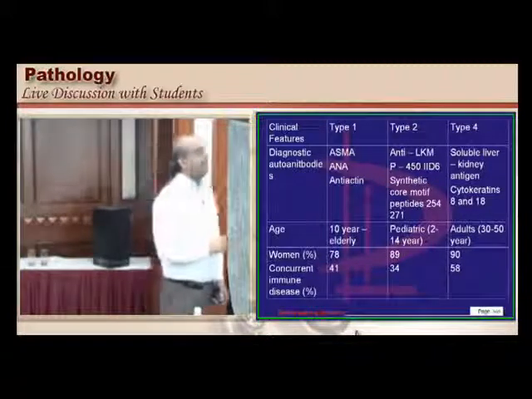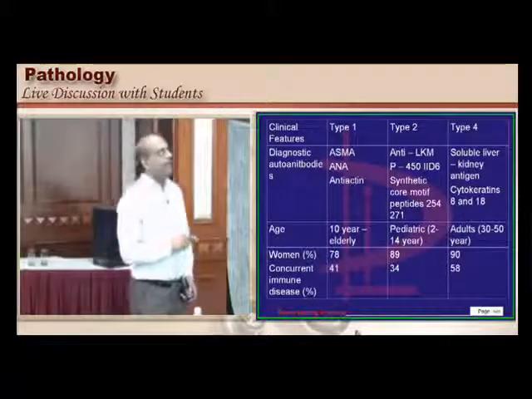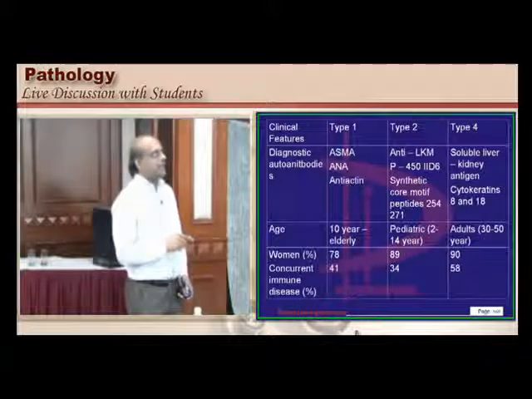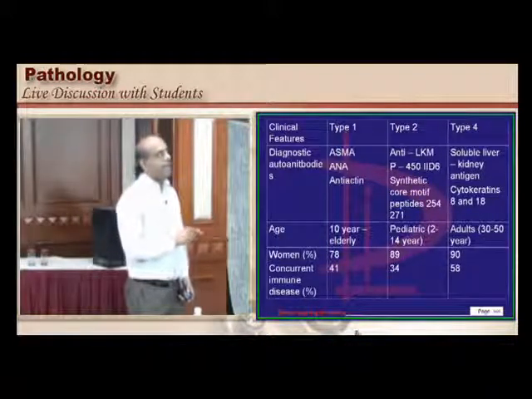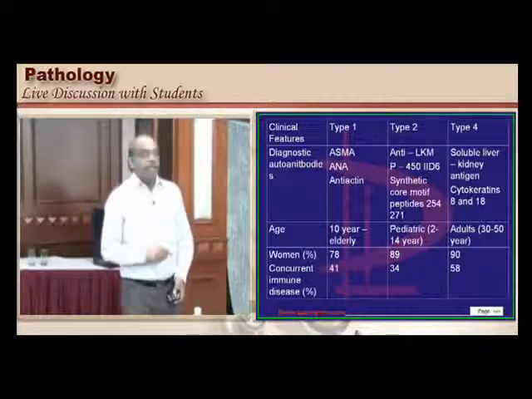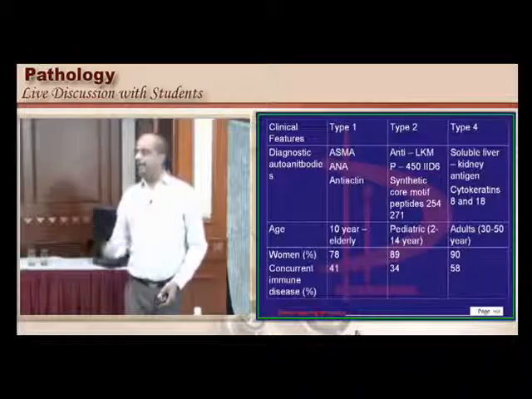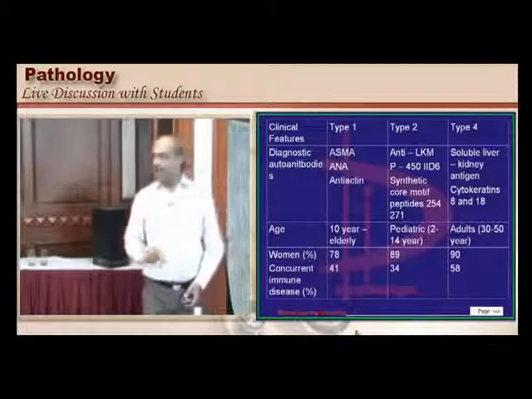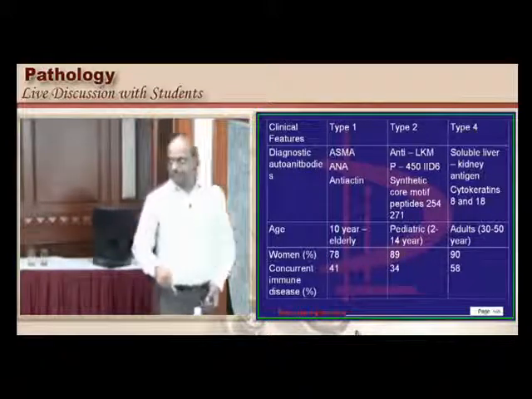If you look at type 1 autoimmune hepatitis, you find anti-smooth muscle antibodies and ANA, they all will be positive. In type 2 autoimmune hepatitis, we find anti-liver kidney microsomal LKM antibodies are typically positive in type 2.